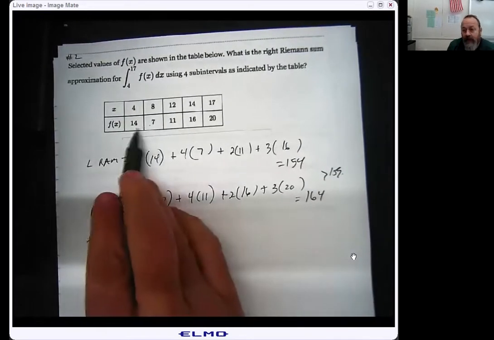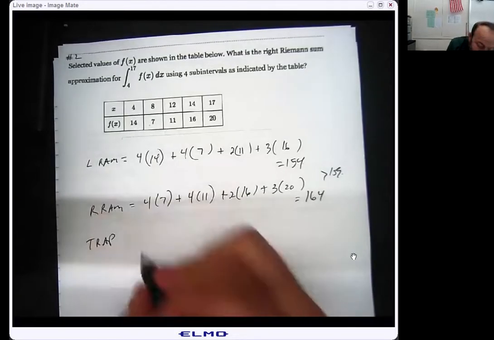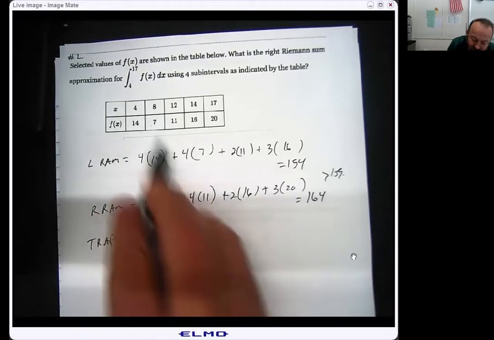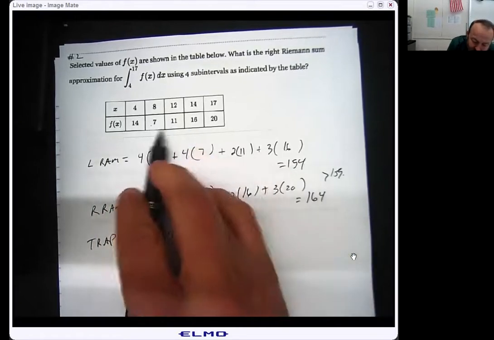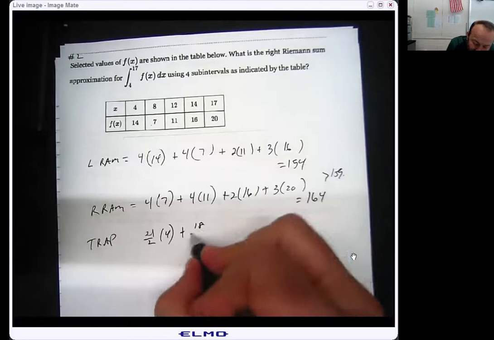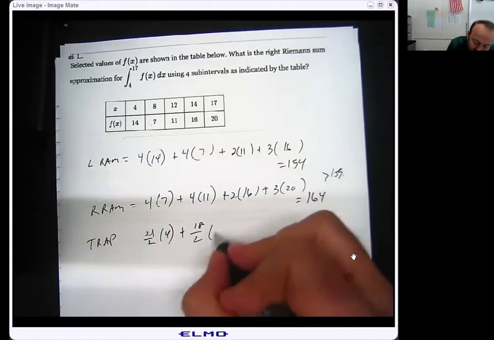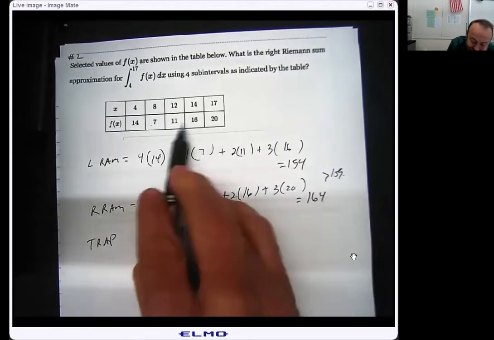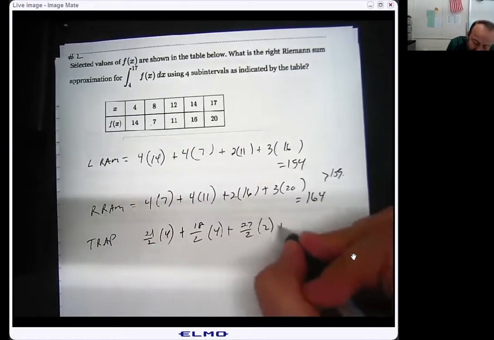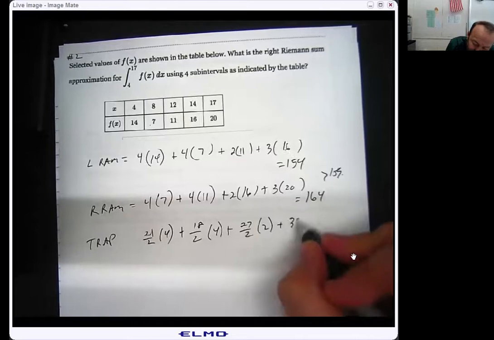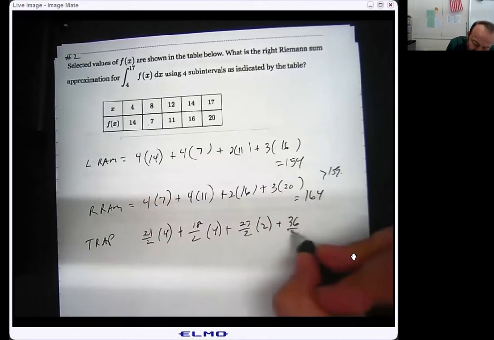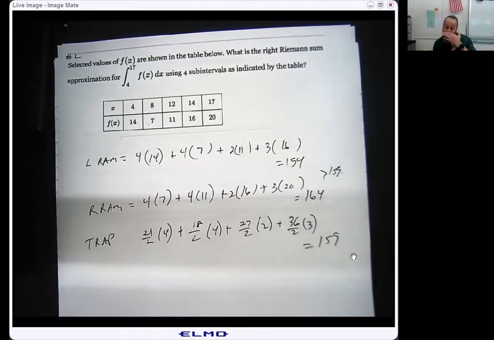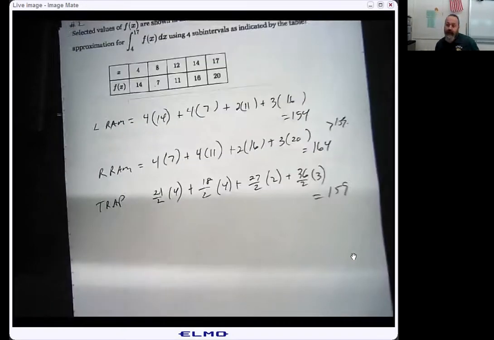So in my first trapezoid, I take base 1 plus base 2 divided by 2 times its partition width, 4, plus base 1 plus base 2, 18, divided by 2 times its partition width, plus base 1 plus base 2 divided by 2 times its partition width, and base 1 plus base 2 divided by 2 times its partition width, 3. And crazy enough, it actually does work if you go through the process.